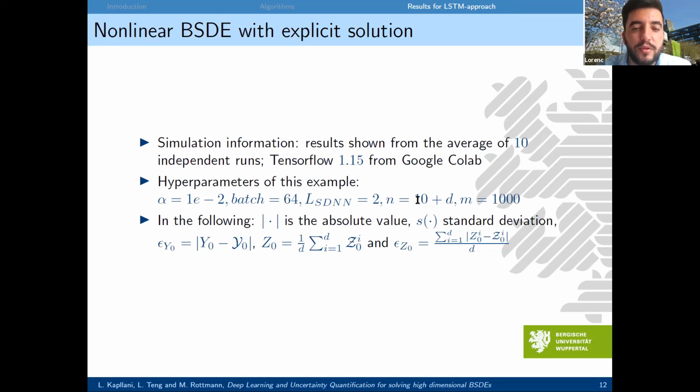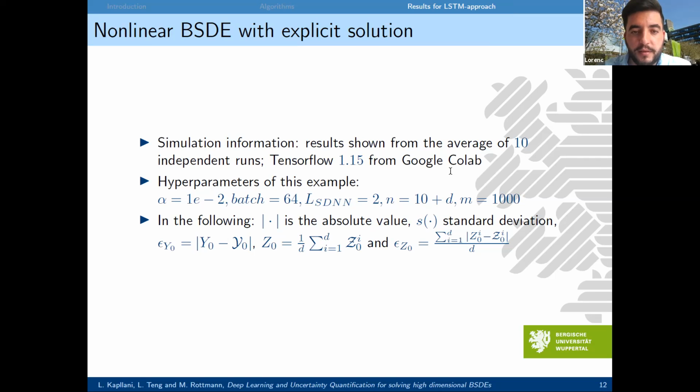The hyperparameters that we consider for this example are a learning rate of 1e-2 and a batch size of 64. For the SDNN approach, we consider 2 hidden layers, and the number of neurons is 10 plus d, where d is the dimension, and we consider 1000 optimization steps. In the following tables that I will show, there are some notations, just to not get confused.